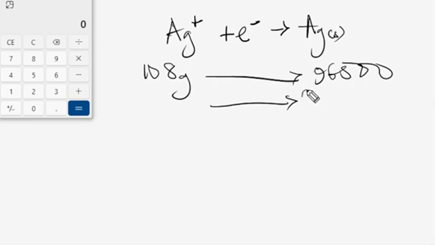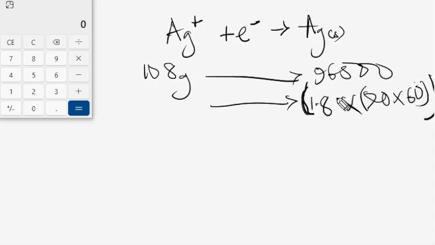This charge is going to be 1.8 times the time. That's 90 minutes. 90 minutes is actually 90 times 60 seconds. So remember that this is the charge here for the farads, and then this is the calculated charge here.